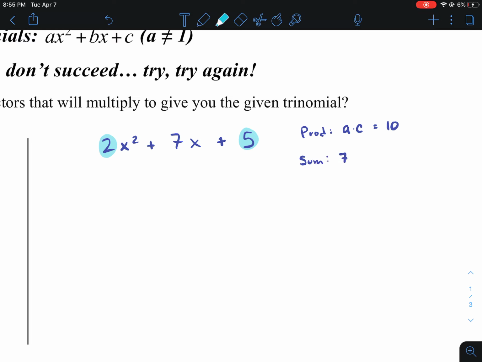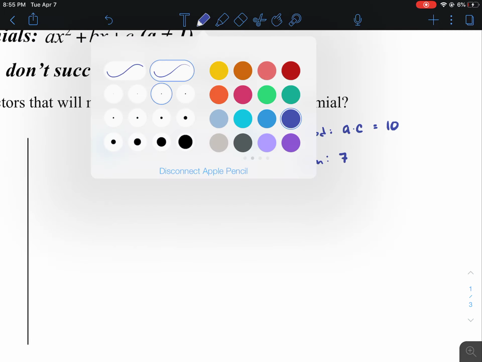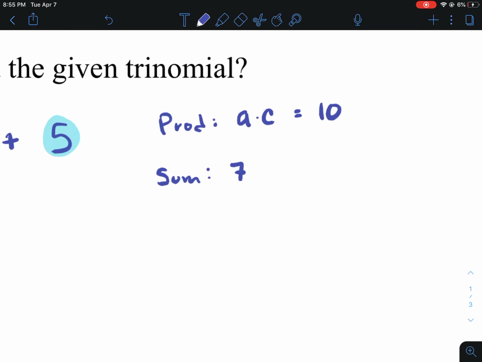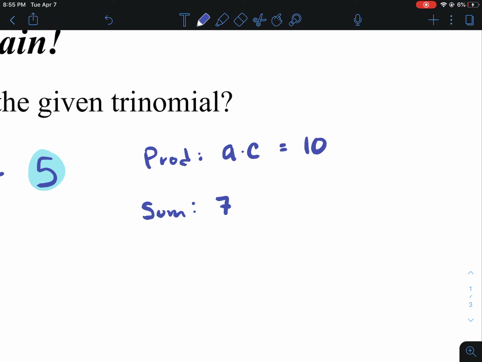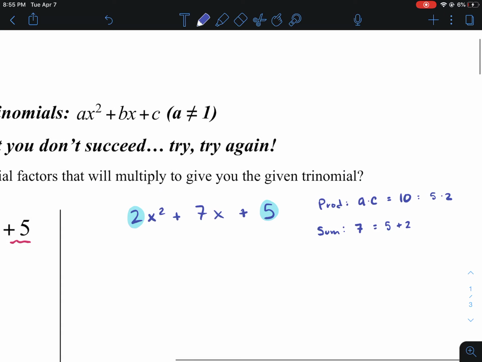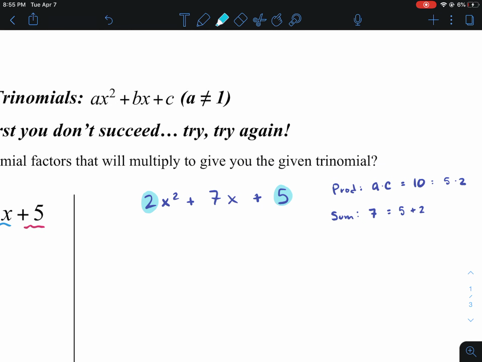Once we figure that out, we need two numbers that multiply to 10 and add up to 7. Those numbers are going to be 5 times 2, and 5 plus 2. What we can do is take this middle term, the 7x, and write it as a sum of these two numbers.